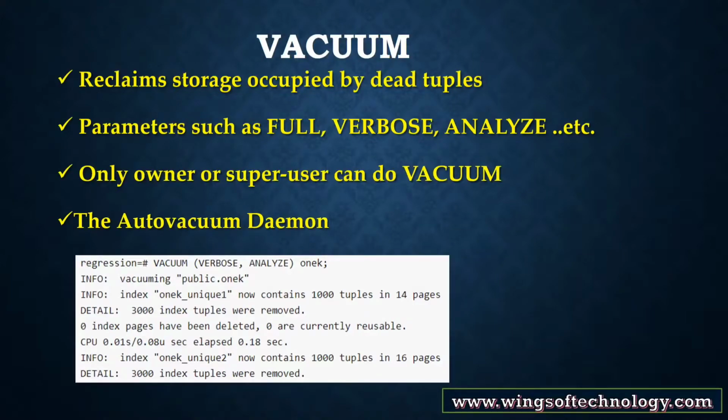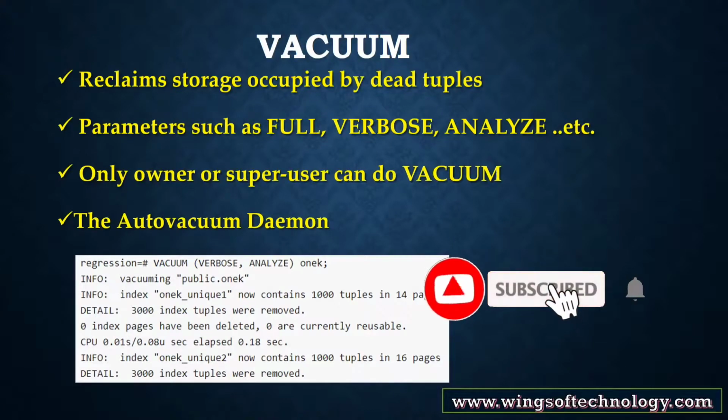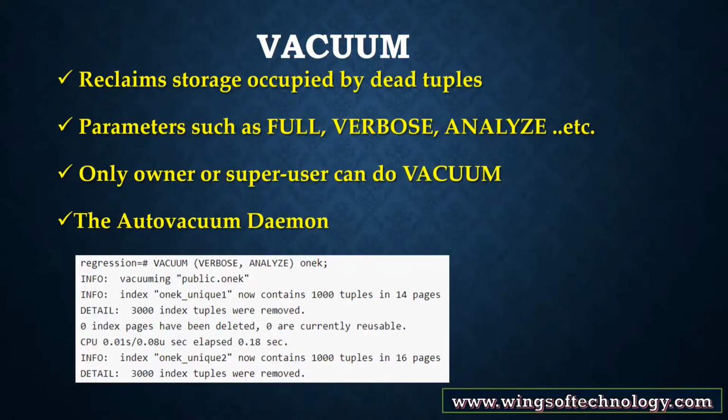Without any parameter, vacuum processes every table in the current database that the current user has permissions to vacuum. With a parameter, vacuum processes only that table. And we can combine analyze with vacuum using the command VACUUM ANALYZE, which performs a vacuum and then an analyze for each selected table. We will discuss what analyze is in the next slide.